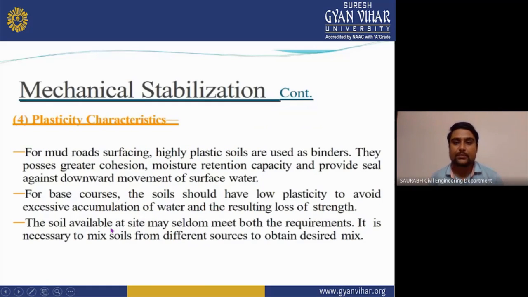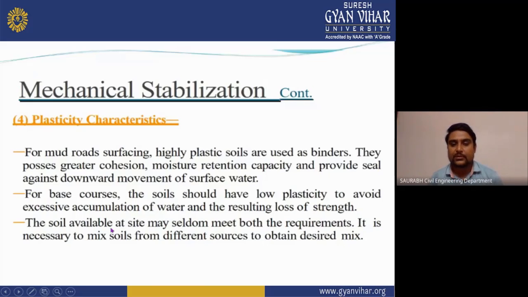Here you can see the plasticity characteristics. For mud road surfacing, highly plastic soils are used as a binder. They possess greater cohesion, moisture retention capacity, and provide a seal against downward movement of surface water.